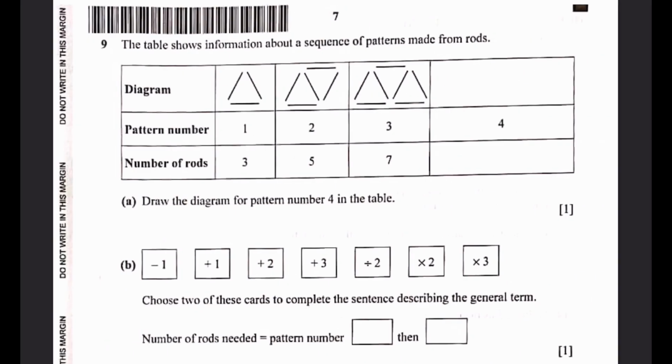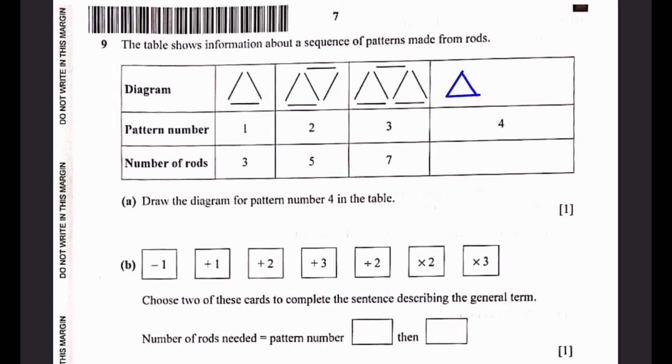Let's move to the 9th question, which is: the table shows information about a sequence of patterns made from rods. So we have the diagram, pattern number, and the number of rods. A. Draw the diagram for pattern number 4 in this table. We have 3 rods, 5 rods here, 7 rods, and continuing. So let's just draw this line like that.